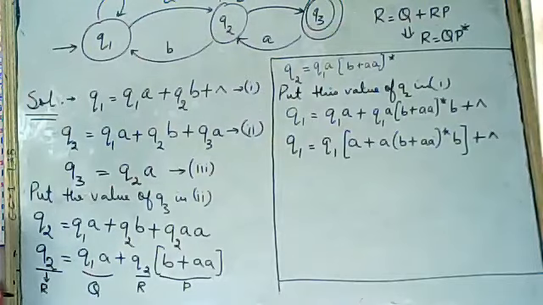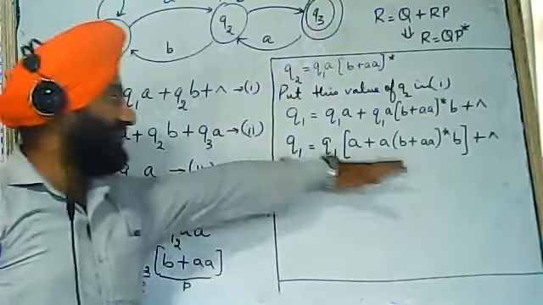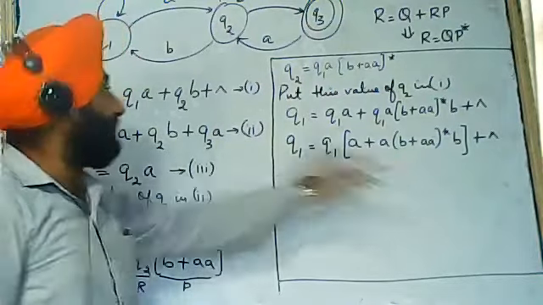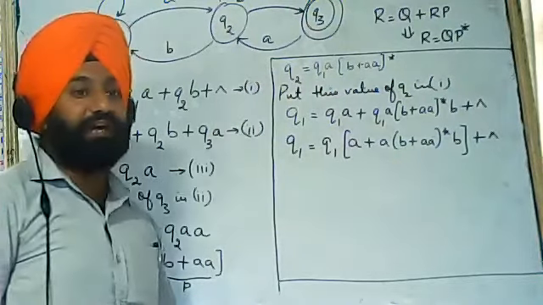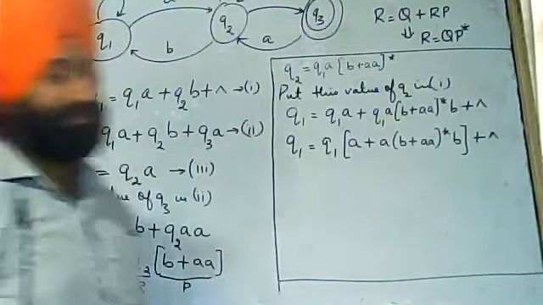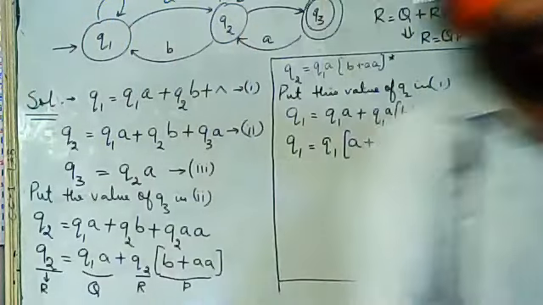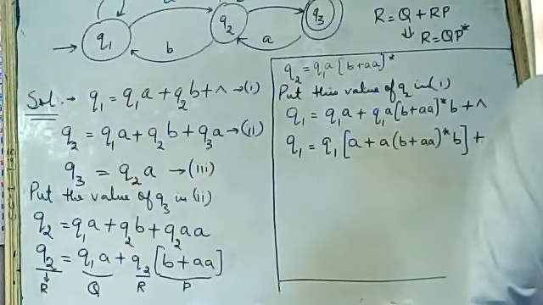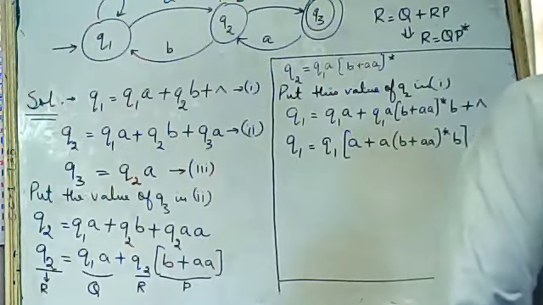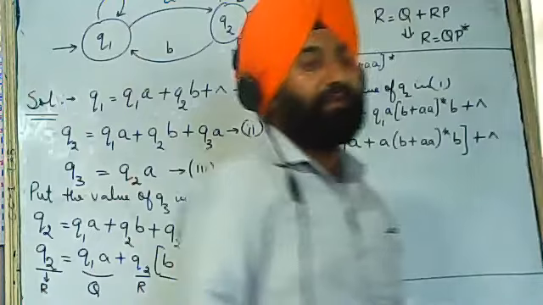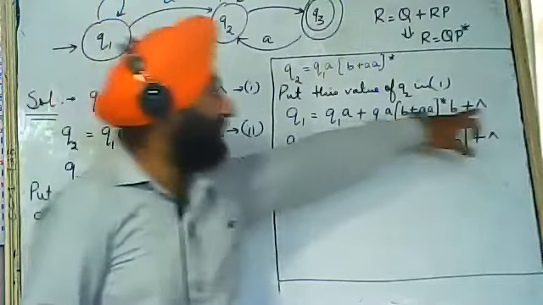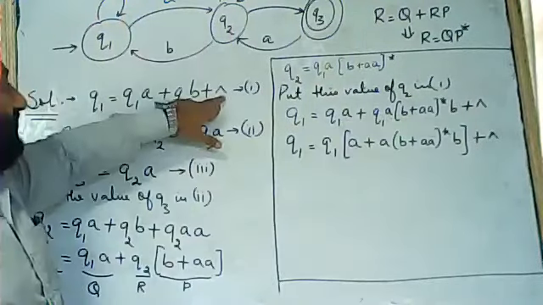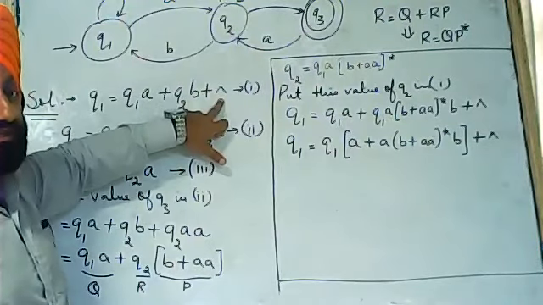So why have we included this null? Because if you don't include null, you can't apply Arden's theorem. And this point you will have to keep in your mind, that whenever we are writing the equation for the initial state, you will have to include the null symbol.